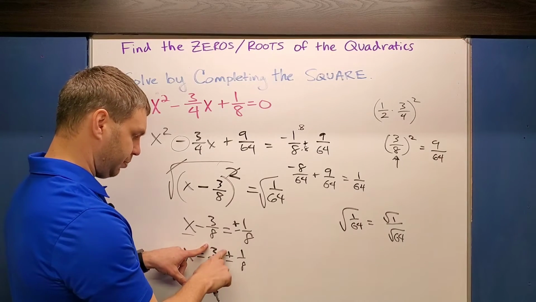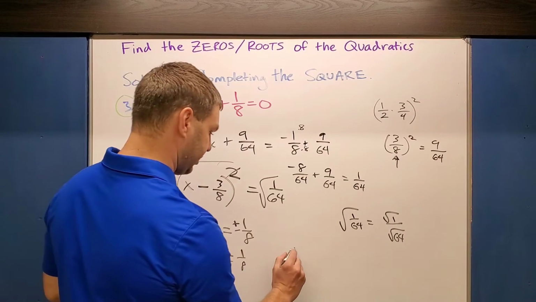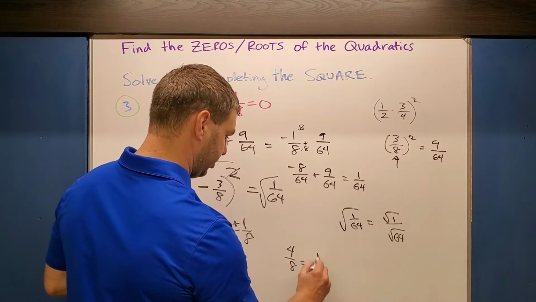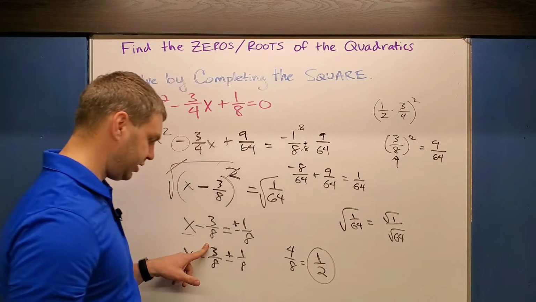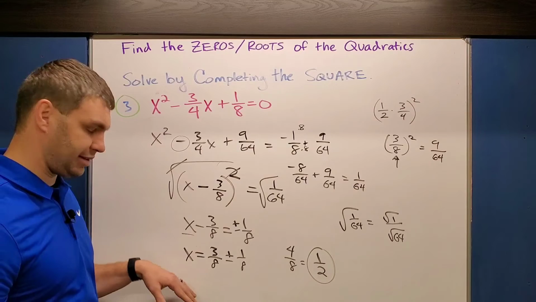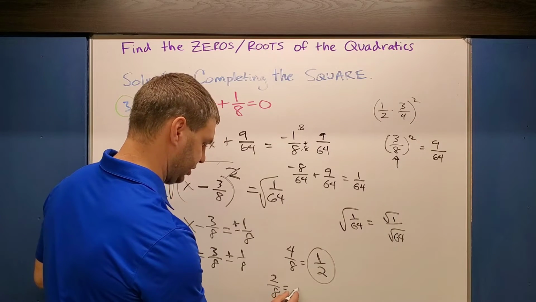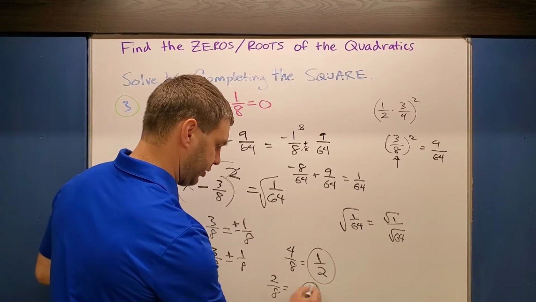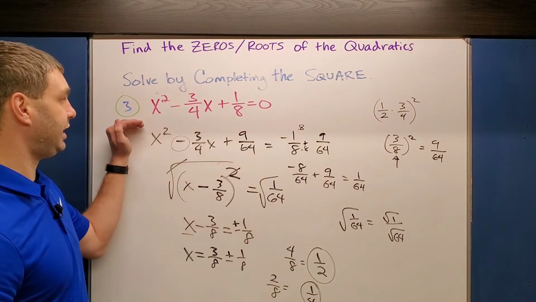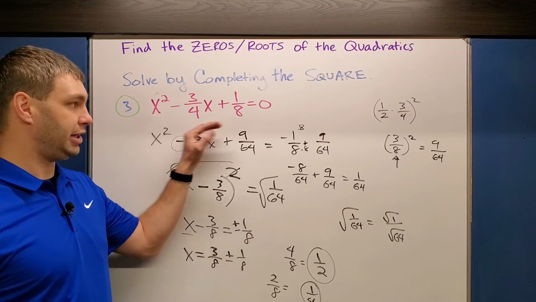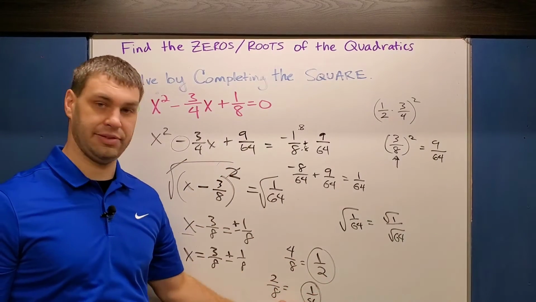So 3/8 plus 1/8 would be 4/8, which of course is just 1/2. And then 3/8 minus 1/8 is 2/8, which of course is 1/4. So the two answers for this problem that satisfy this equation when we find its zeros are 1/2 and 1/4.